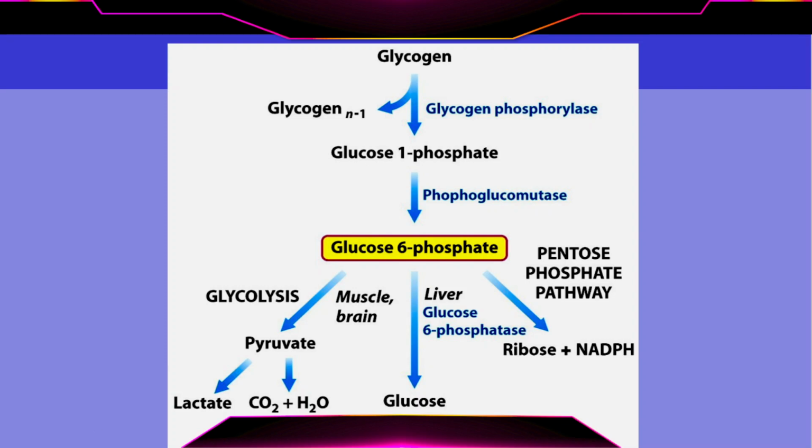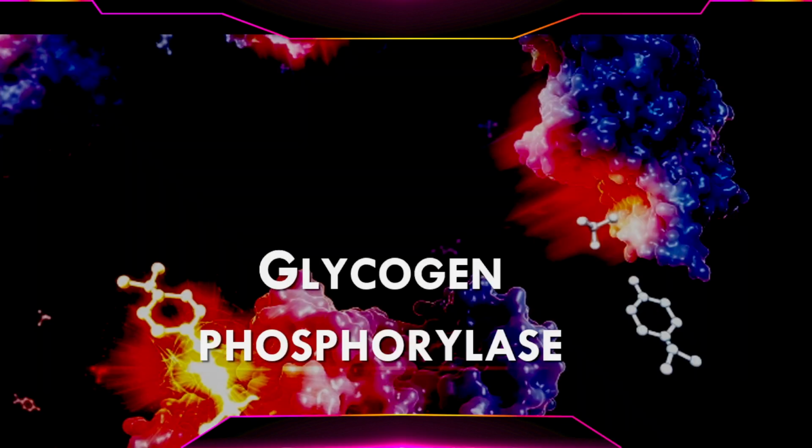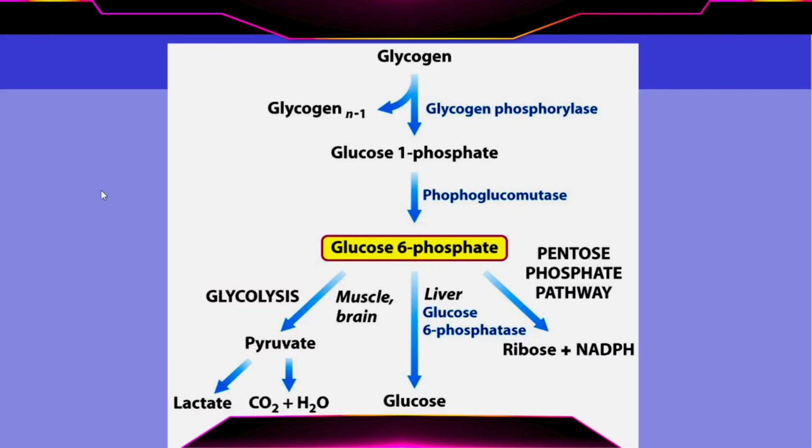Alright, so let's go back to glycogen phosphorylase. This is an example of glycogen metabolism. A lot of people look at glycolysis and they think that glycolysis is the main key, but you have to remember that most of your blood and body glucose is stored as glycogen.